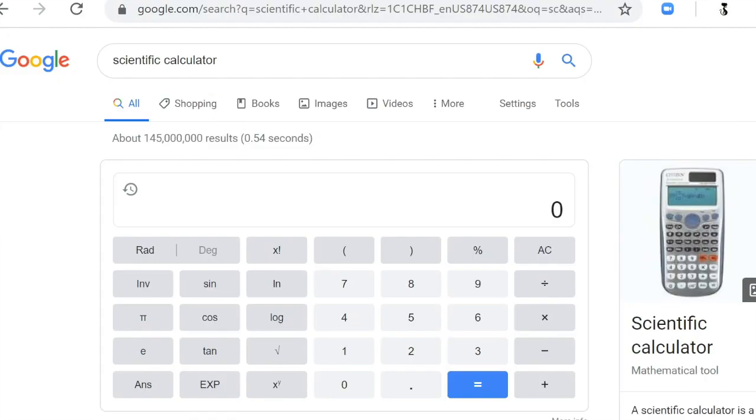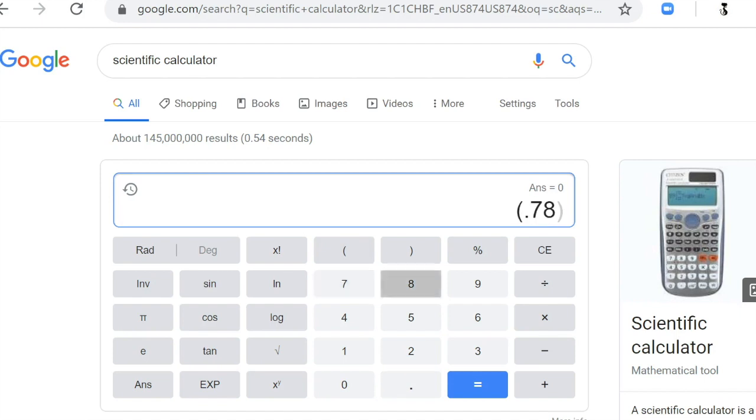Okay, so I'm going to start with parentheses. 0.78 divided by the square root of 10. I would close the parentheses here, then negative 2.262.